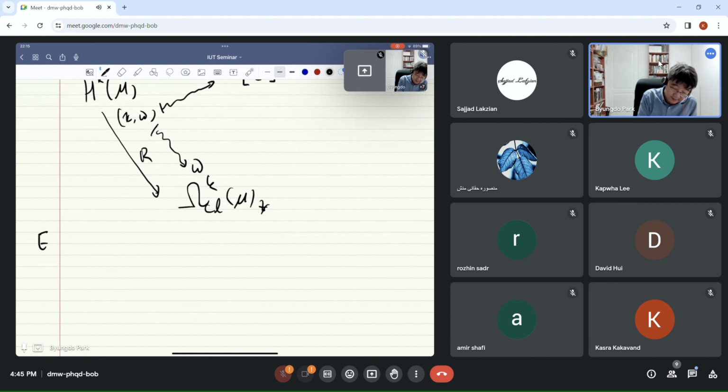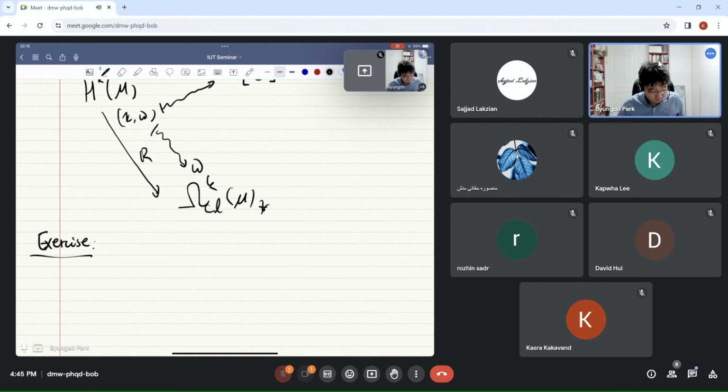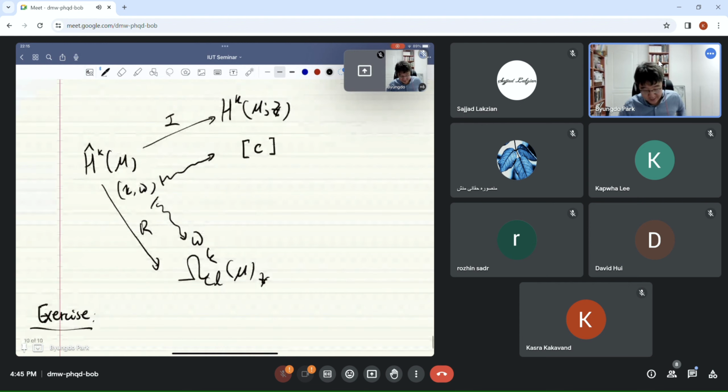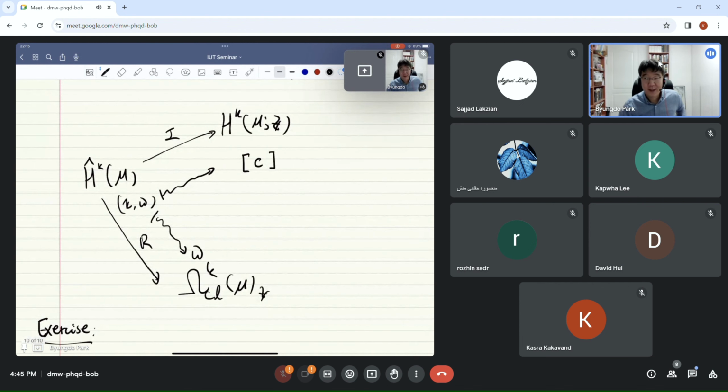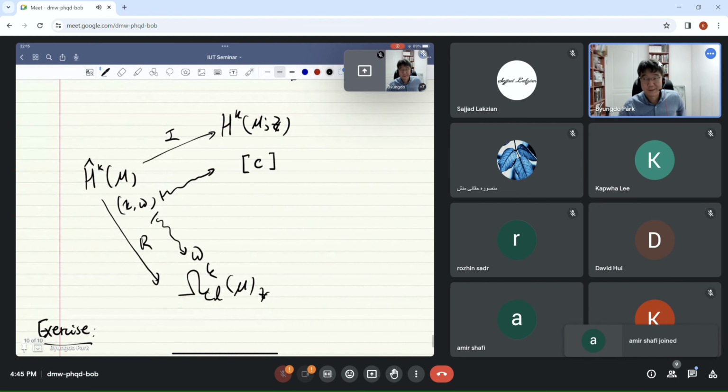Then we need this exercise. So, graduate students, it was actually the same for me. When you try to define something, maybe when you're in undergraduate, you rarely see things that are not well defined.